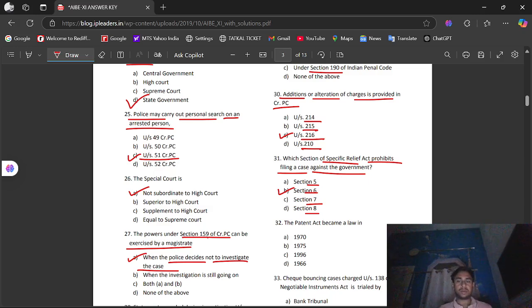Question number 32. The Patent Act became a law in option A 1970, option B 1975, option C 1996, option D 1966. The right option is option A, which is 1970. So the Patent Act became a law in the year 1970.